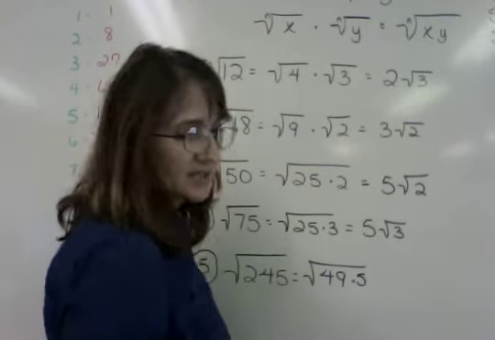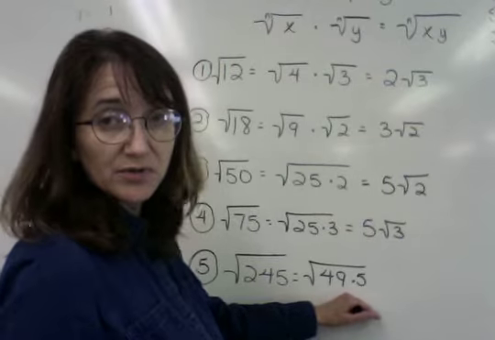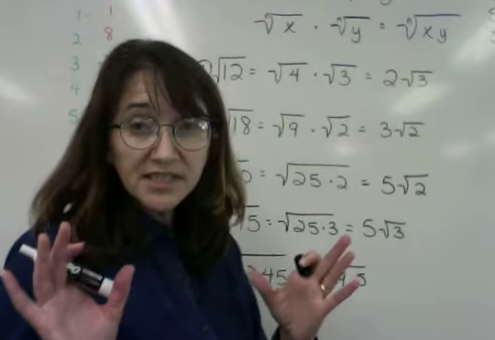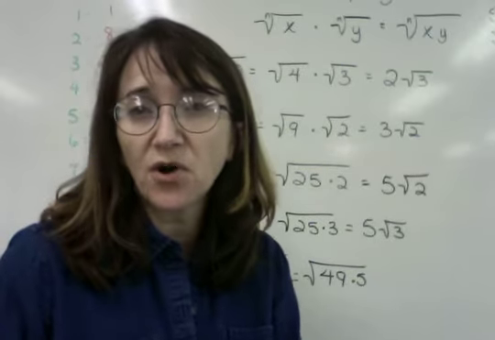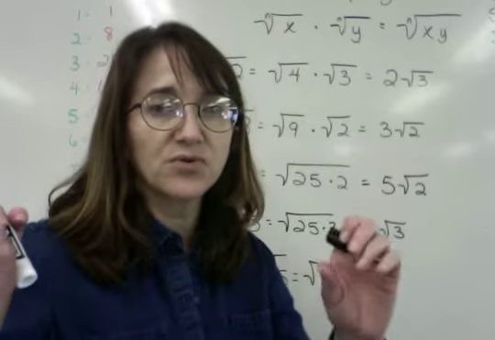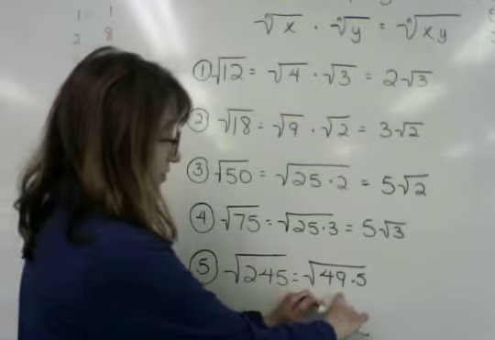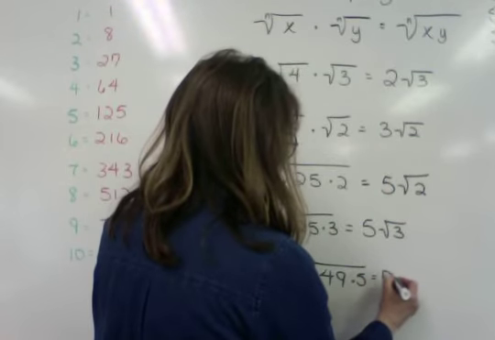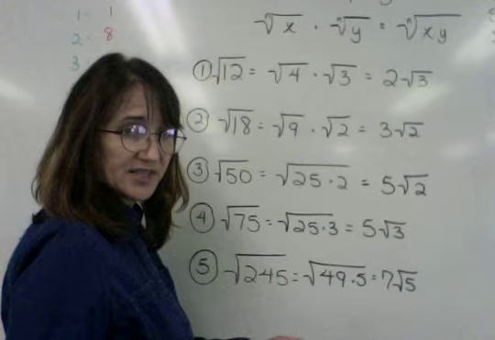So 49 times 5 is going to end up being the 2 factors that are under there. Once again, if you get confused, use prime factorization. We saw that yesterday as being a real easy way to pick out my squares, to pick out my cubes. So the perfect square would be 49. I would go ahead and pull that out, that's 7, and go ahead and leave the 5 under the radical sign.